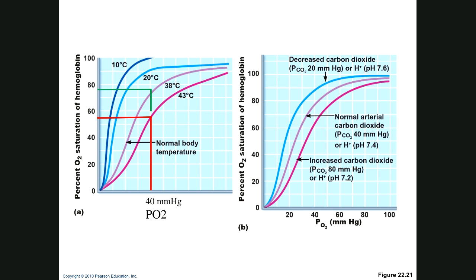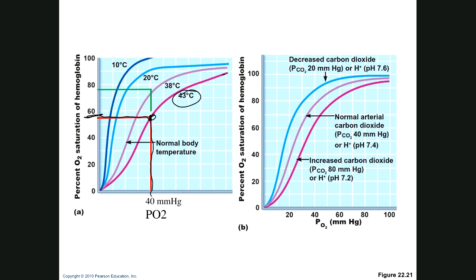This is saturation curves as we change temperature. So this right here is normal body temperature, 38 degrees centigrade. As the temperature increases, the saturation curve moves towards the right, so that at 40 millimeters of mercury, with a temperature of 43 degrees centigrade, which is a pretty high fever, now we have a saturation of about 55%.